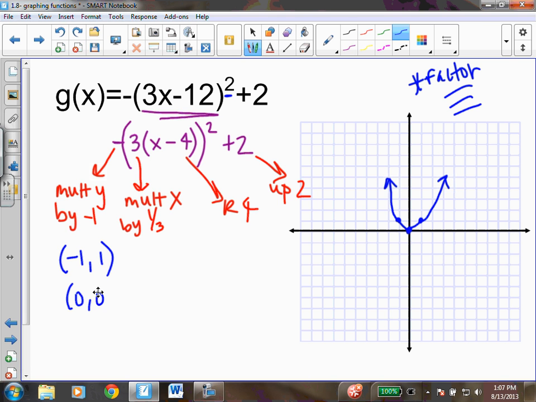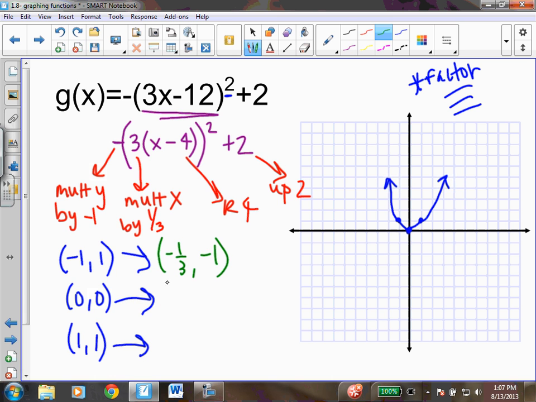And again, I like to list my points out so I know how to manipulate them. So every x gets multiplied by 1/3, and every y gets multiplied by negative 1. So this becomes negative 1/3, negative 1.